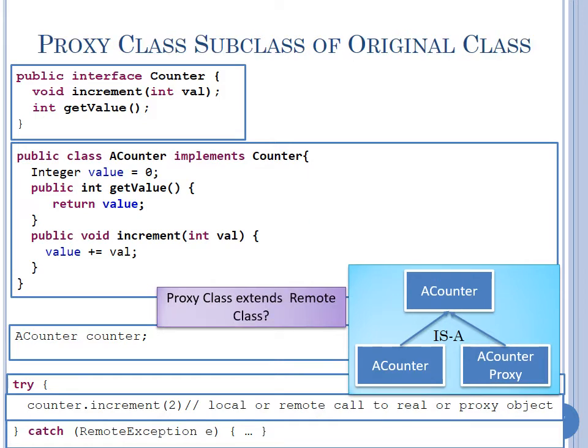And then I suggested this solution, that we make the proxy class extend the remote class. We saw that at least two of you voiced the problem with the solution.